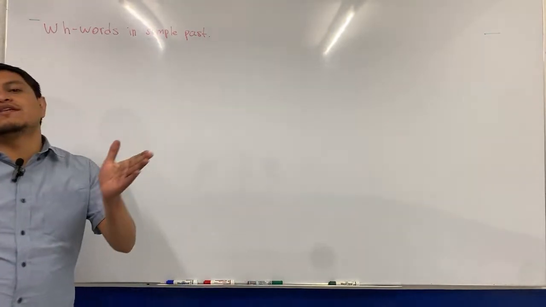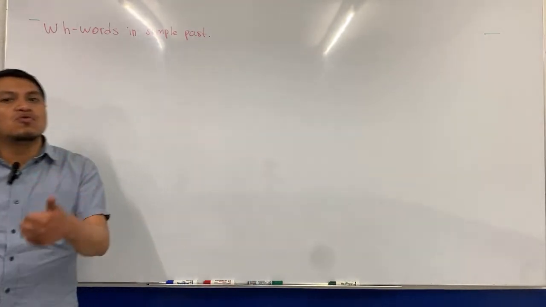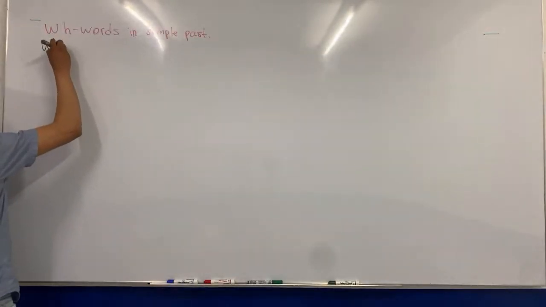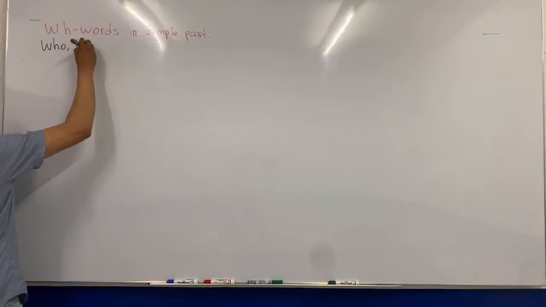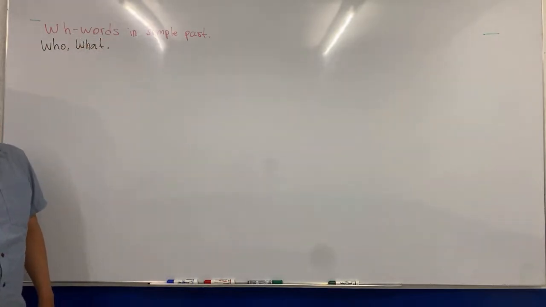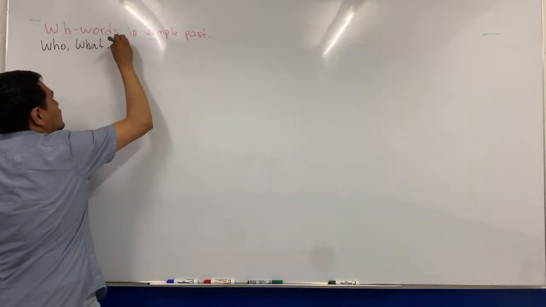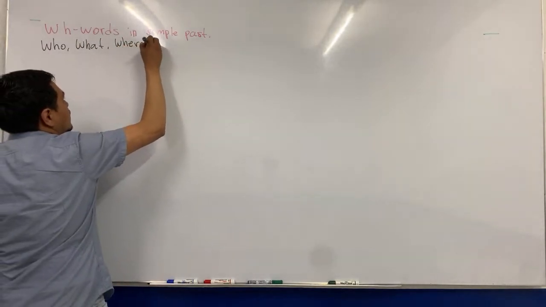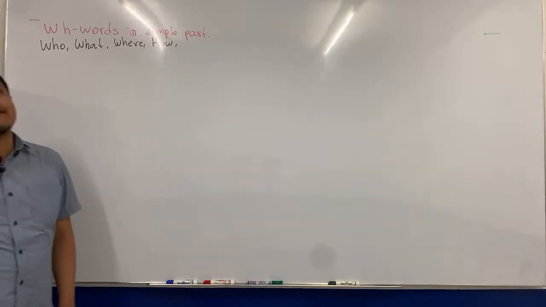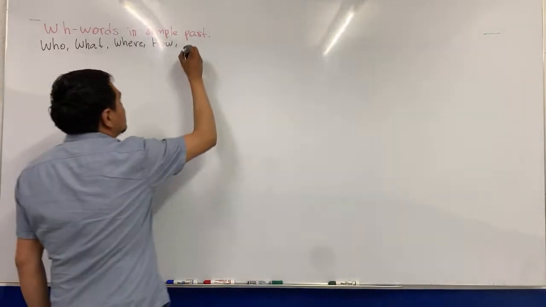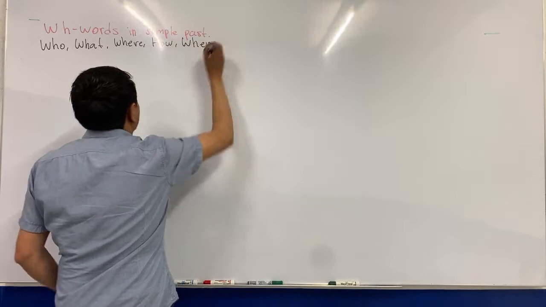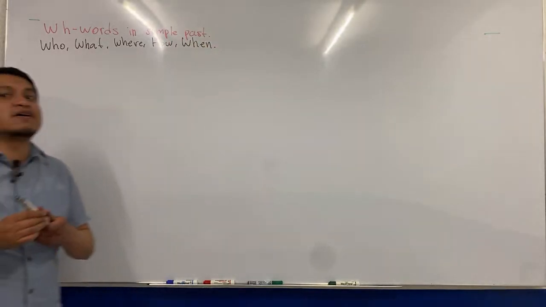Now, what are the WH words? Who, what, where, how, and when. Just when, right? This is the part one.